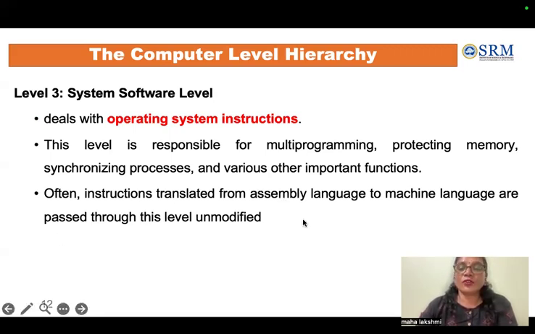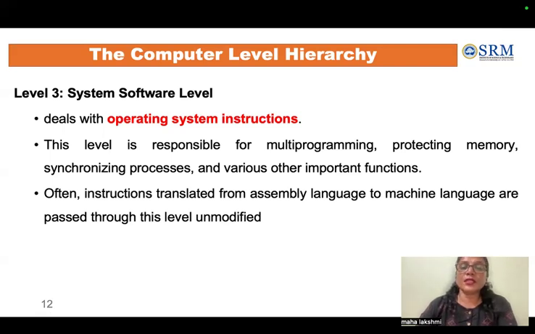They are responsible for multi-programming, protecting memory, synchronization, and many other important functions. Without these system softwares, the users cannot interact with the systems or the hardware, because the hardware is very much less visible to the higher levels. So only through these system softwares can they interact with the computers.